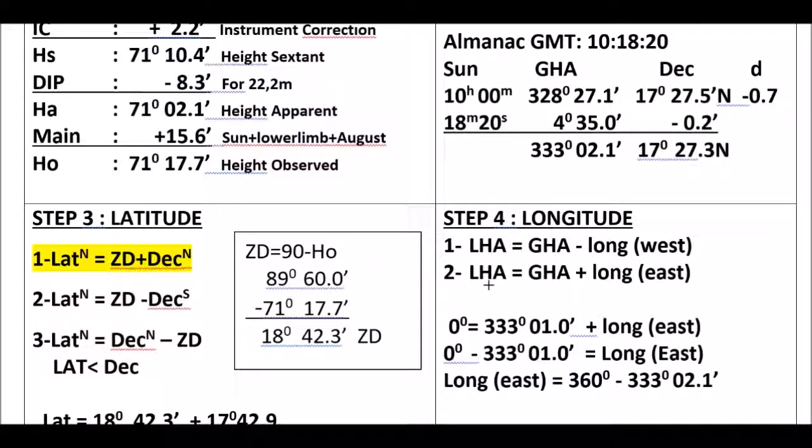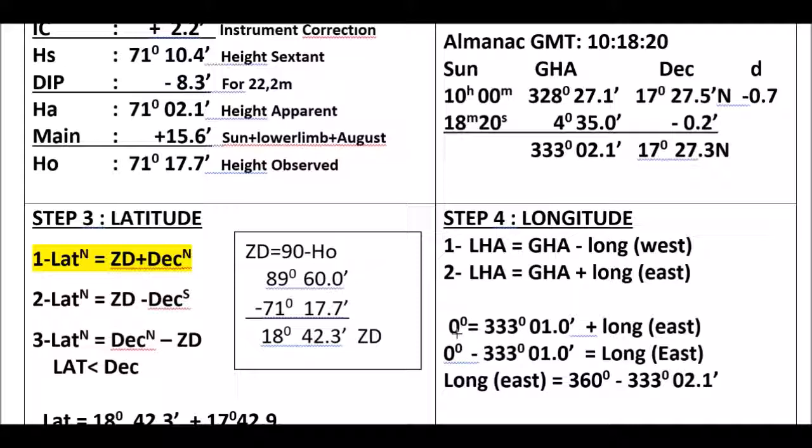Local hour angle is 0 in our case because the sun is just above us. There is no angular distance between the sky object and us. Our meridian and the sky object hour angle are equal to each other. There is no angular distance between them.